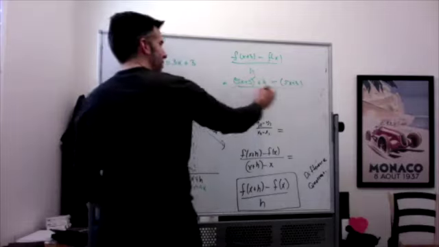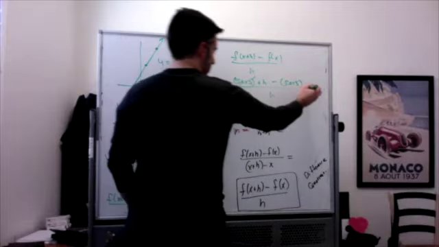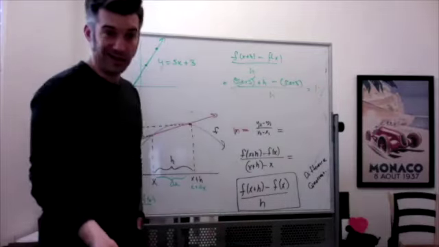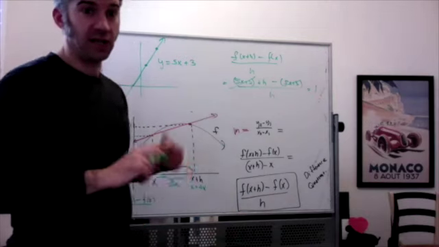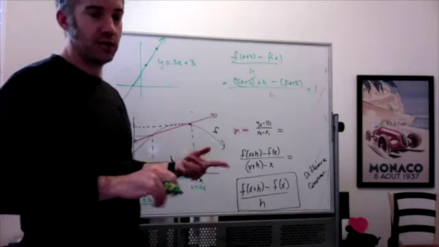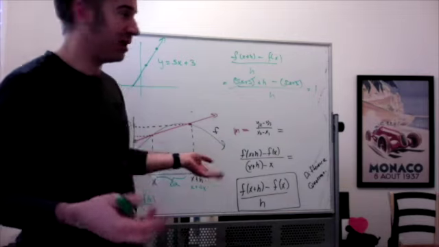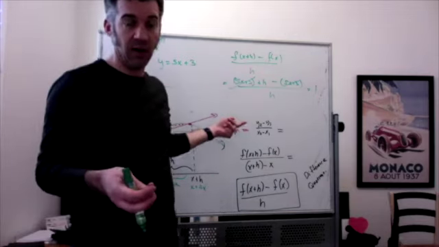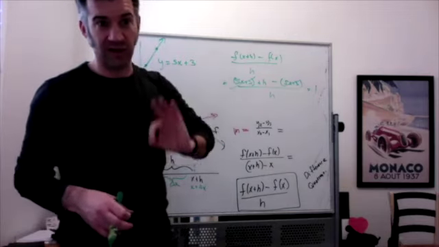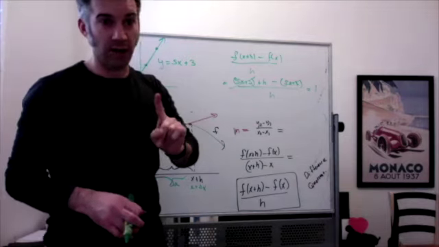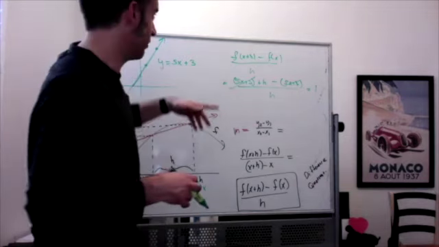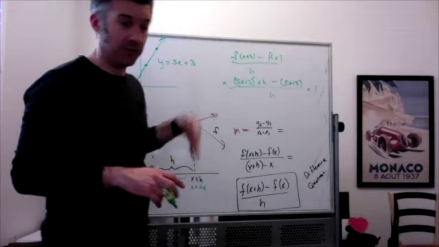And then they cancel the 5x plus 3's and h over h becomes 1. That's not the right answer. We know it's 5. So if your answer is 1, it means you probably made this sort of error. If you are doing a difference quotient problem and you find yourself getting an answer of 1, you should start over and make sure that you're finding f of x plus h correctly.